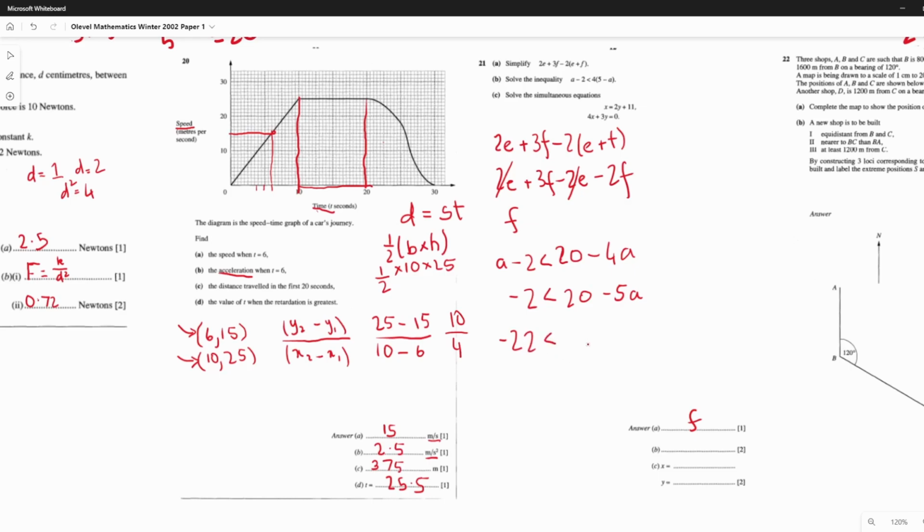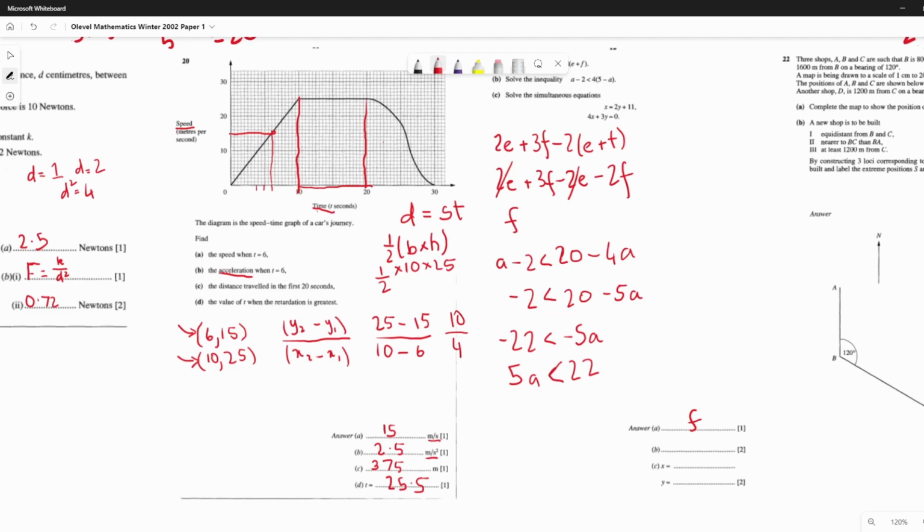So -22 is less than -5a. If negative 22 is less than negative 5a, in the positive spectrum, 5a would actually be less than 22, because in the negative numbers, the more negative the numbers get, the greater they are.